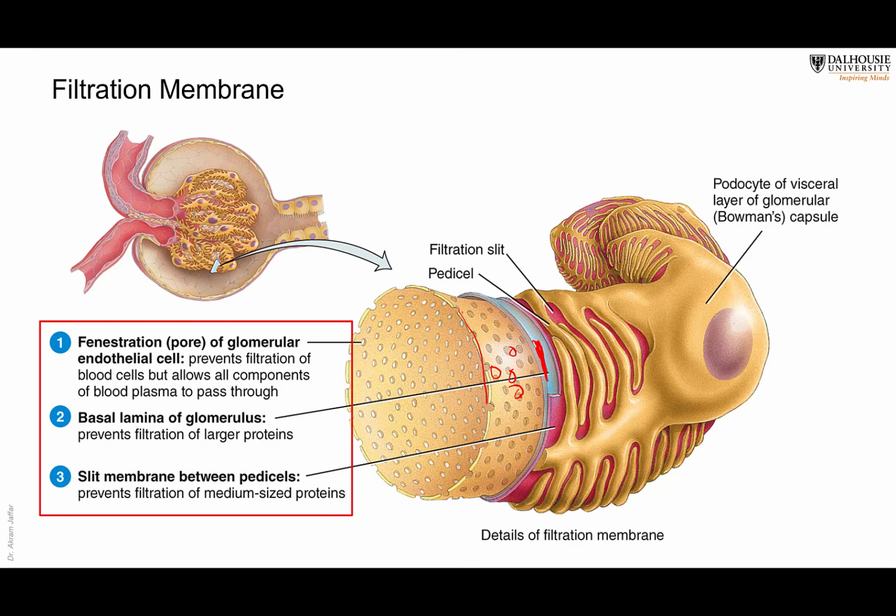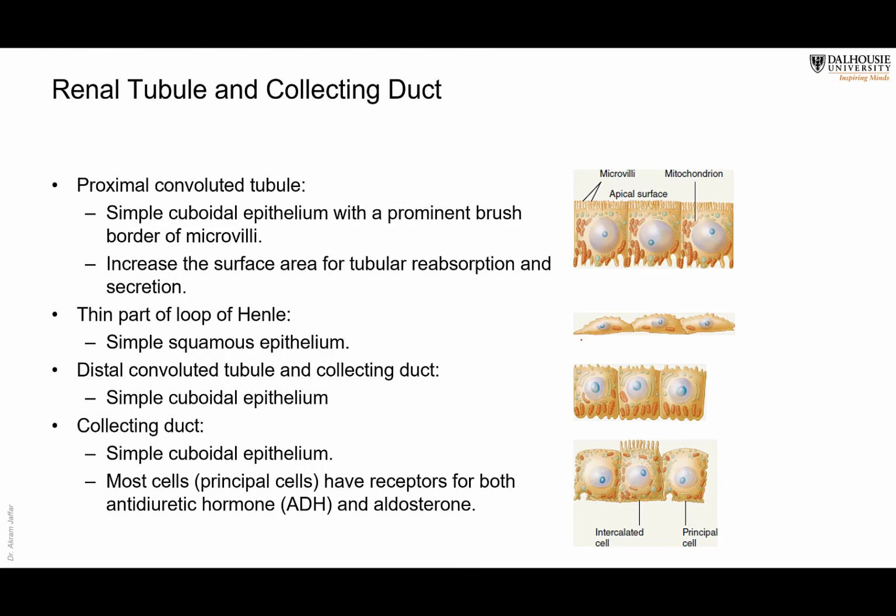And the patient with time is going to lose proteins. So there will be puffiness of the face and edema because of the reduced amount of protein. So it is this filtration membrane that protects us from losing the RBCs and the proteins. Otherwise, everything is filtered to be reabsorbed back, mainly in the proximal convoluted tubule.